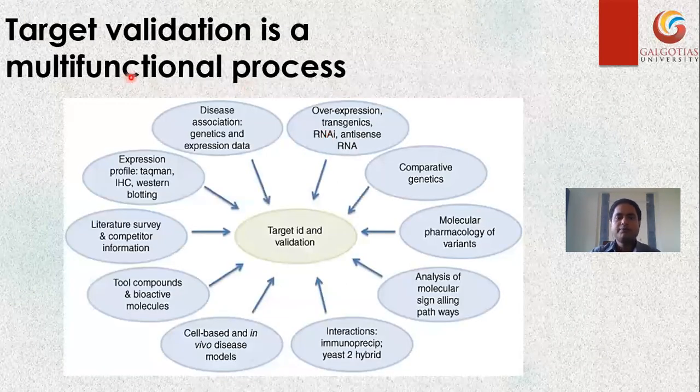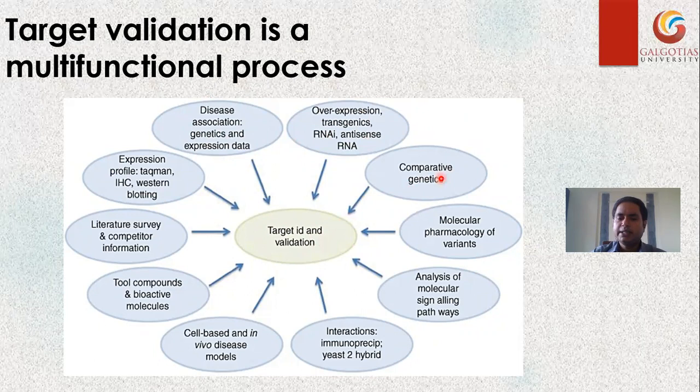So target validation is a multifunctional process, because target validation can proceed through disease association, gene expression data, overexpression, transgenics, RNA interference, and antisense RNA, which can be used for target ID validation.